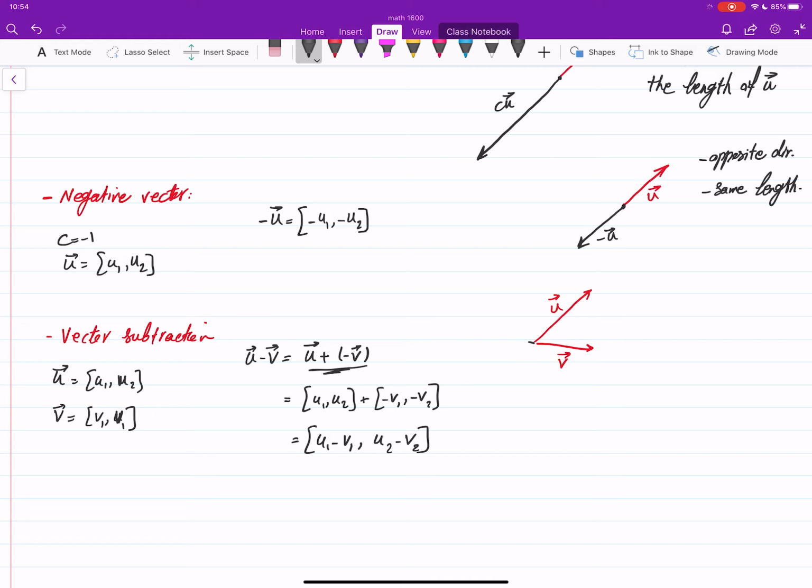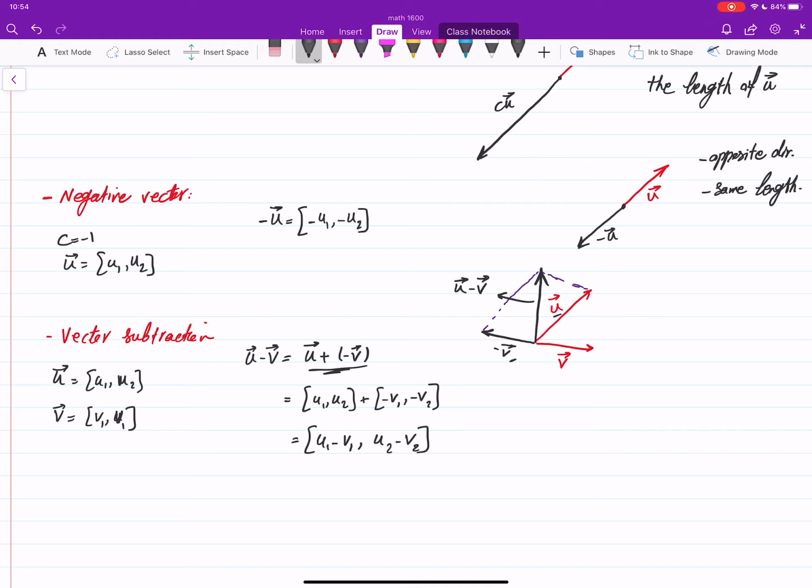We know negative v has the opposite direction, same length as v. Then we need to add this and that. Use the parallelogram rule here, and this will give us what we are trying to say. This is u plus minus v, which is minus v.